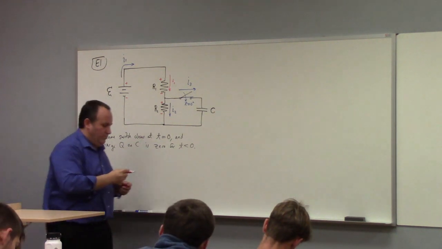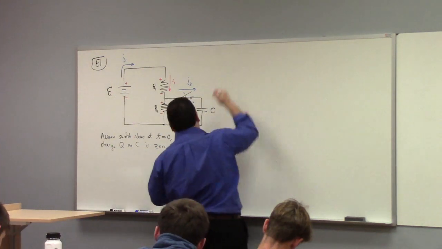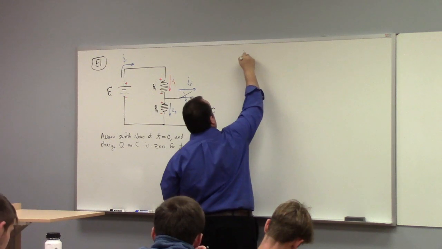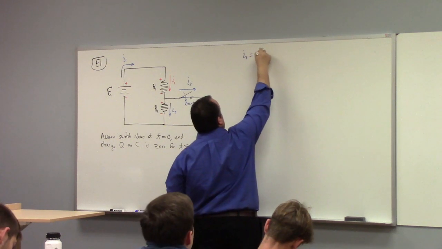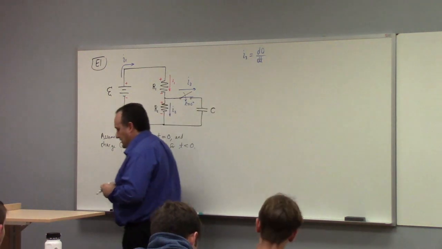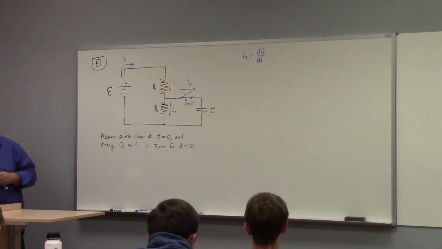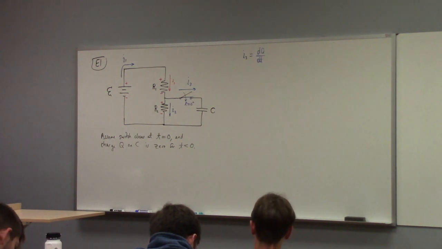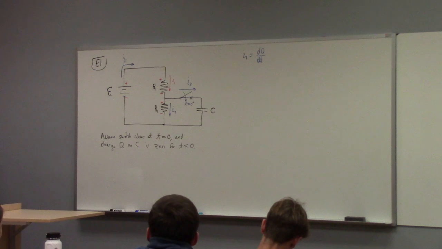And I think we can also say that I3 should be dq dt, right? With a positive because it's going to be increasing the charge on capacitor 3, right? Starts out at 0, and then as the current 3 flows, the charge builds up on the capacitor.